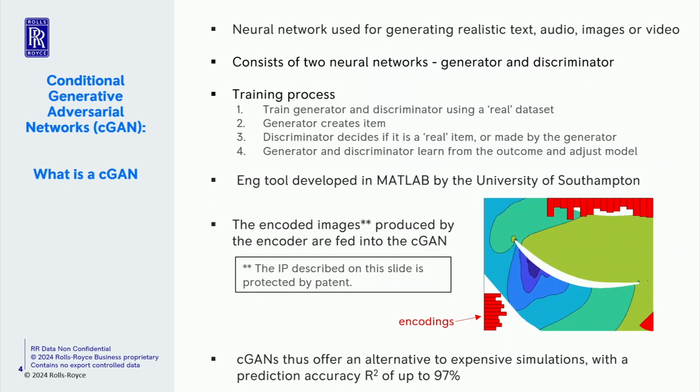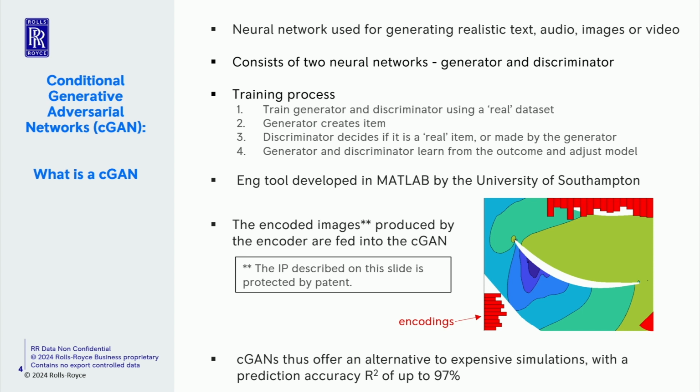How can we achieve that? The technology we have been looking at is building upon the work that our friends and partners at the University of Southampton, UTC, started a couple of years ago now, and is looking at the ability of cGANs, or conditional generative adversarial networks, to generate realistic data in different formats.